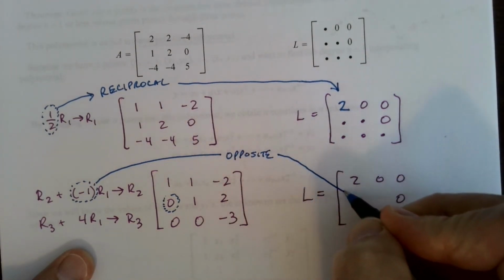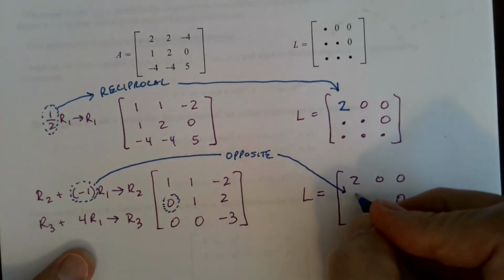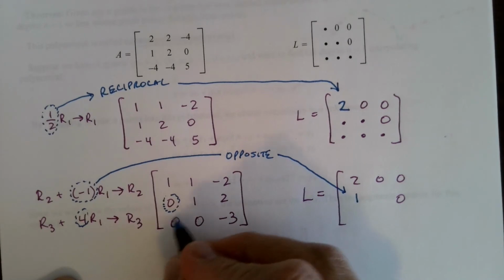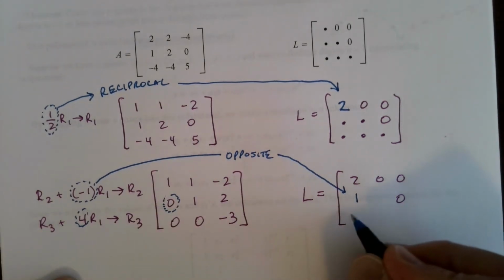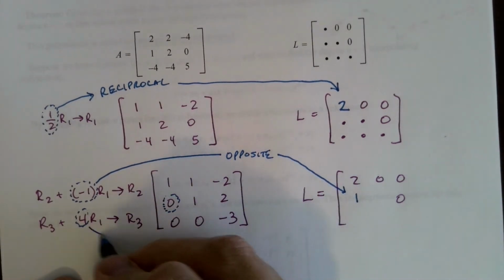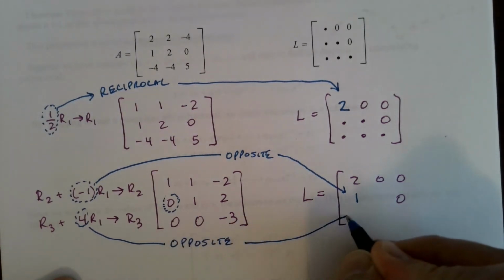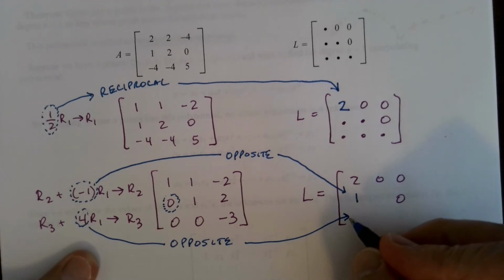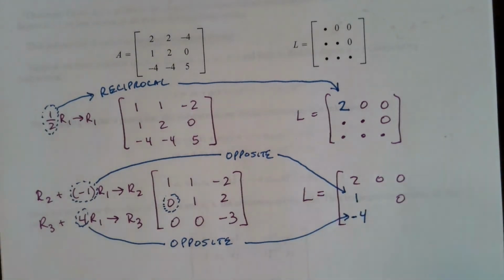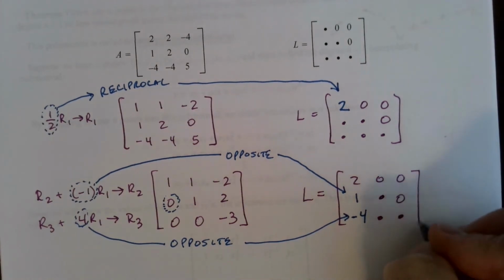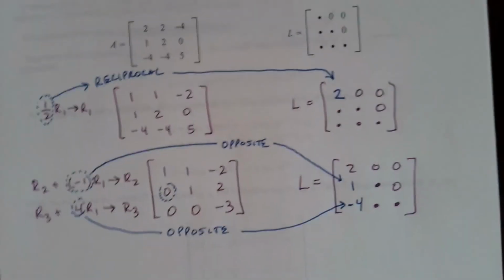We want to find the opposite. The opposite of -1 is +1. Same here with this multiplier 4, which was used to get this entry in the third row, first column. Again, I want the opposite there. And the opposite of 4 is -4. Okay. You've got 3 entries added now. I just need 3 more.